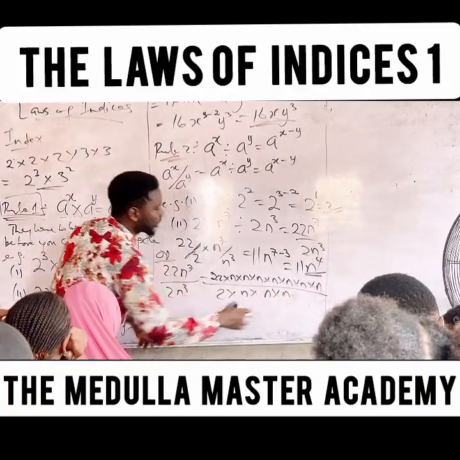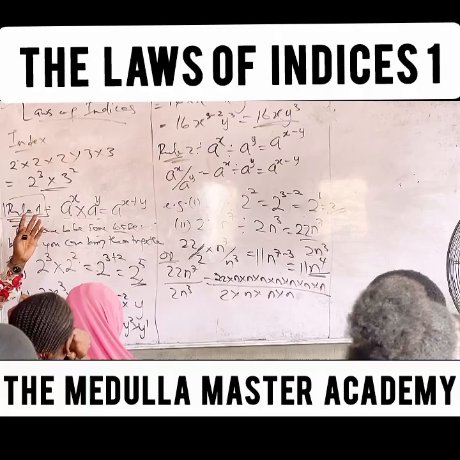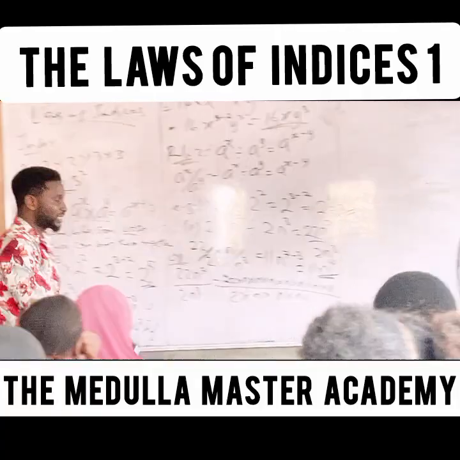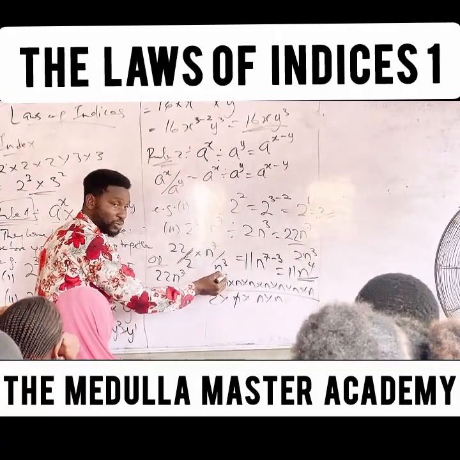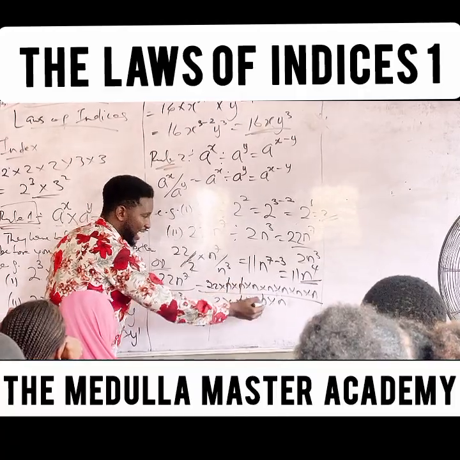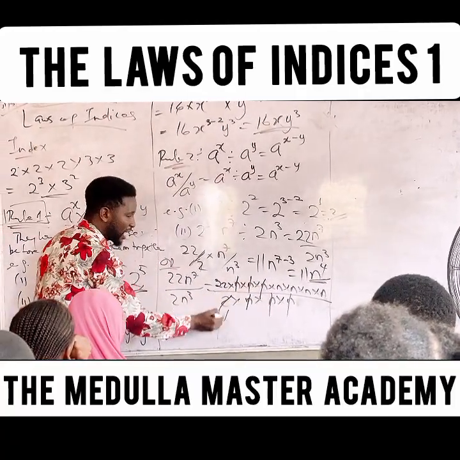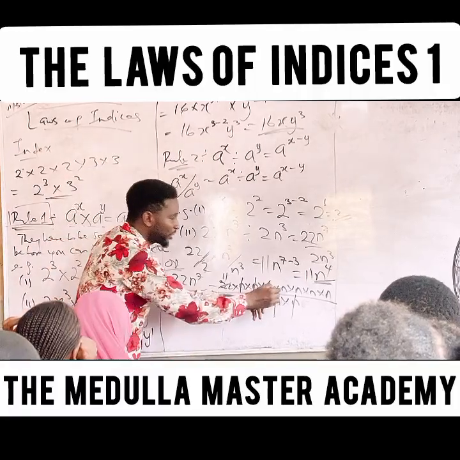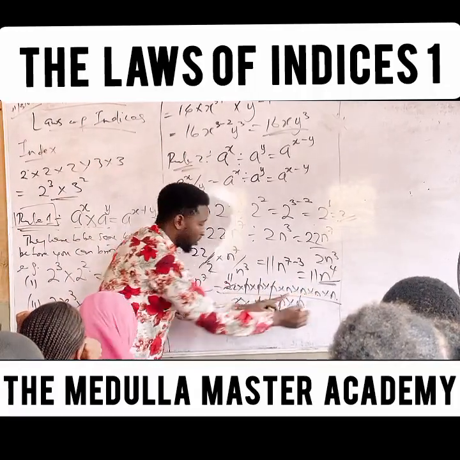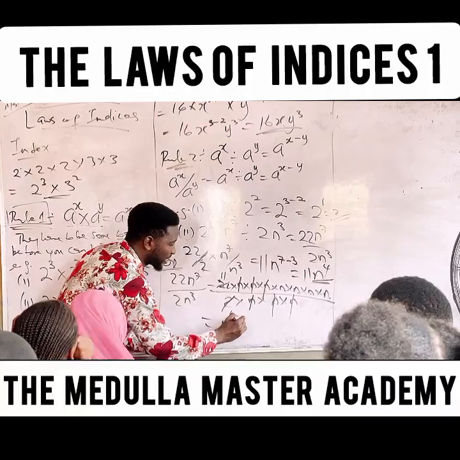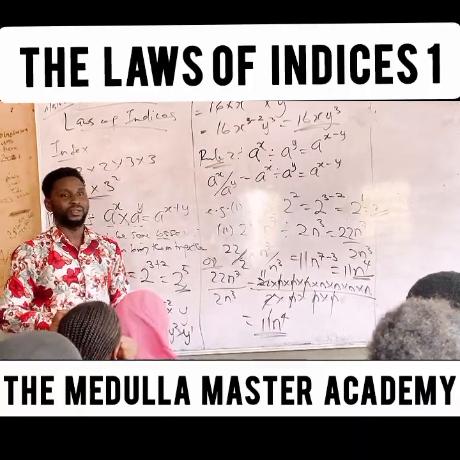That's 3. So this is what you did that time. N we cancel n, n we cancel n, n we cancel n. This 2 here, 22 over 2 is 11. So how many do you have left? 1, 2, 3, 4. So the answer is going to be 11n raised to power 4.